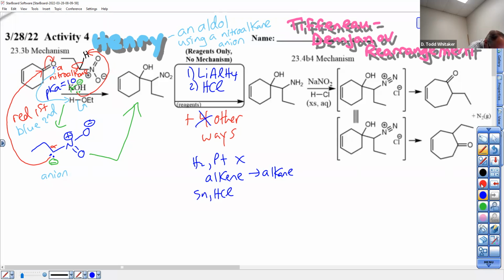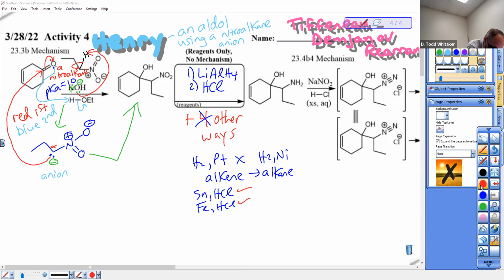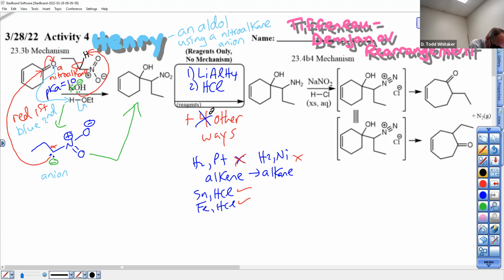That won't touch an alkene. Iron HCl is okay. H2 and nickel's not really okay, same reason. Those are red X's. Don't do them. So 2 other ways, and they're checked off below. Yeah, the ones that reduce alkenes, not a good choice.